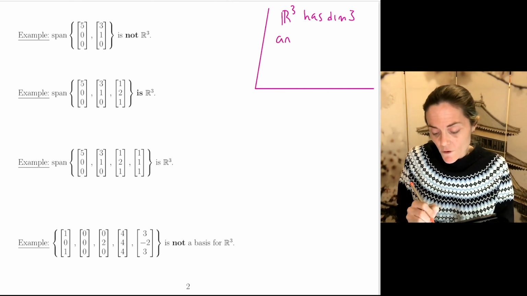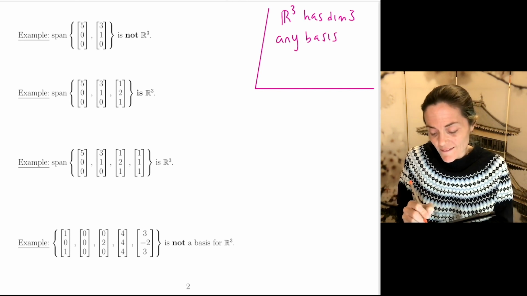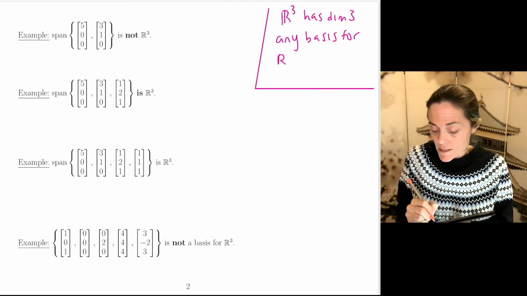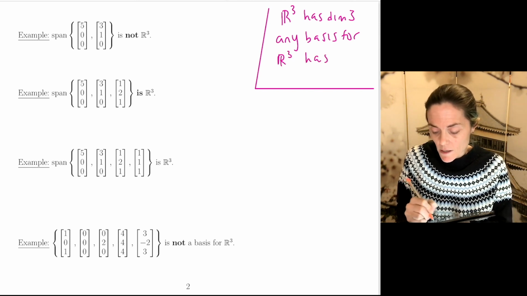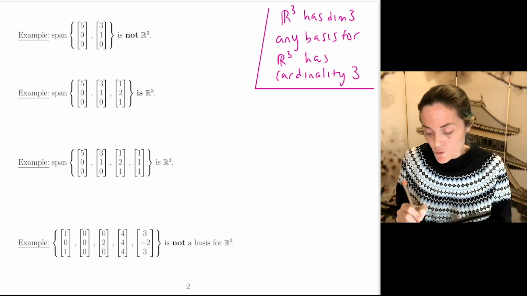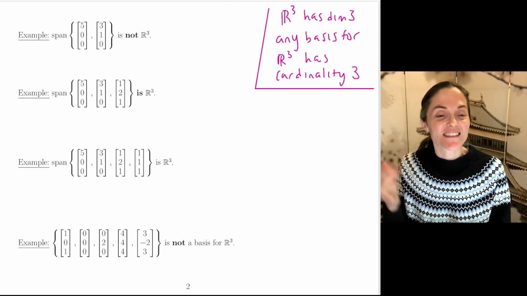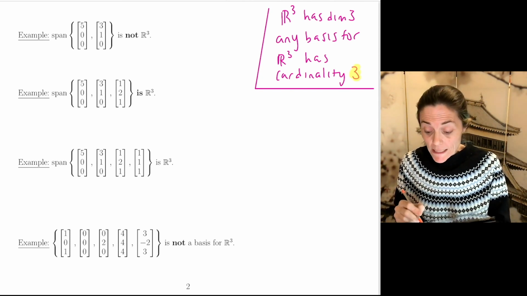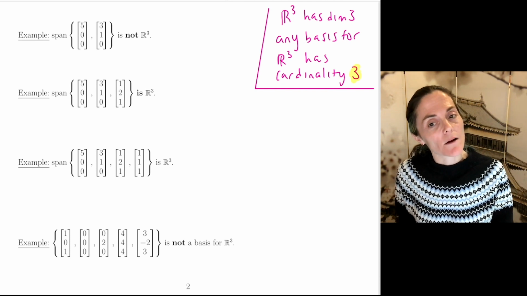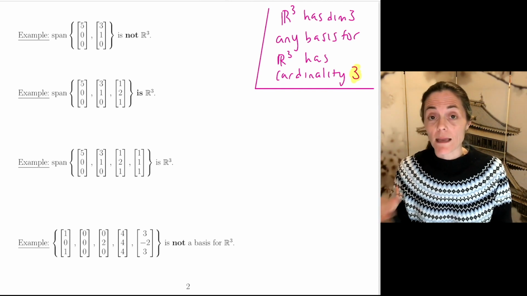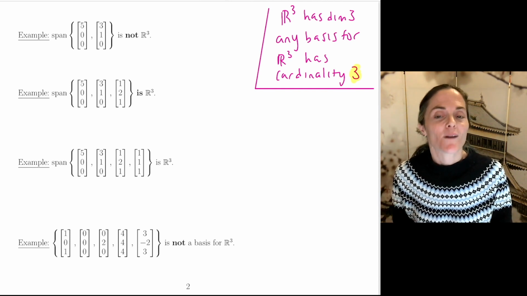And any basis for R3 has 3 elements, has cardinality 3. More is true, and this is something we'll see as we work through some of these problems. We need at least 3 vectors to span R3, and no more than 3 vectors can be independent in R3.